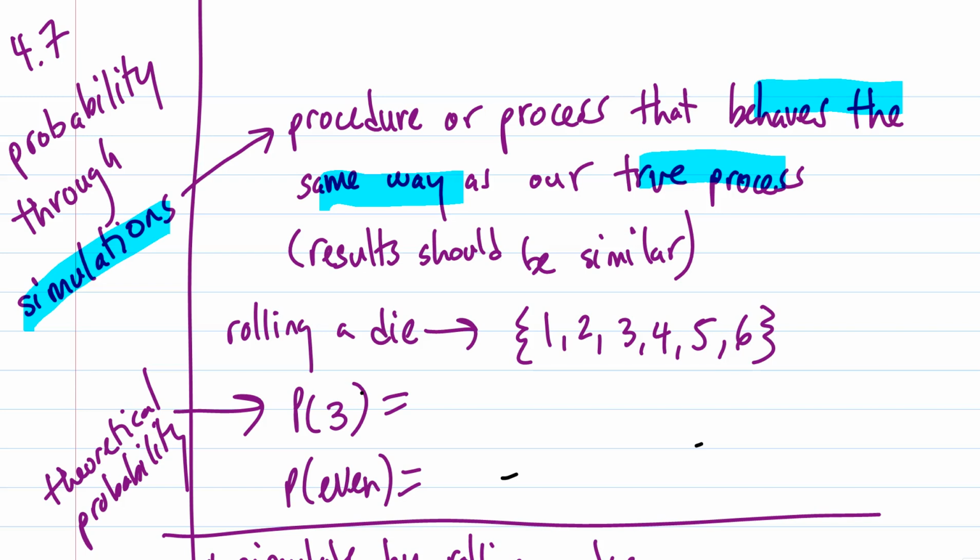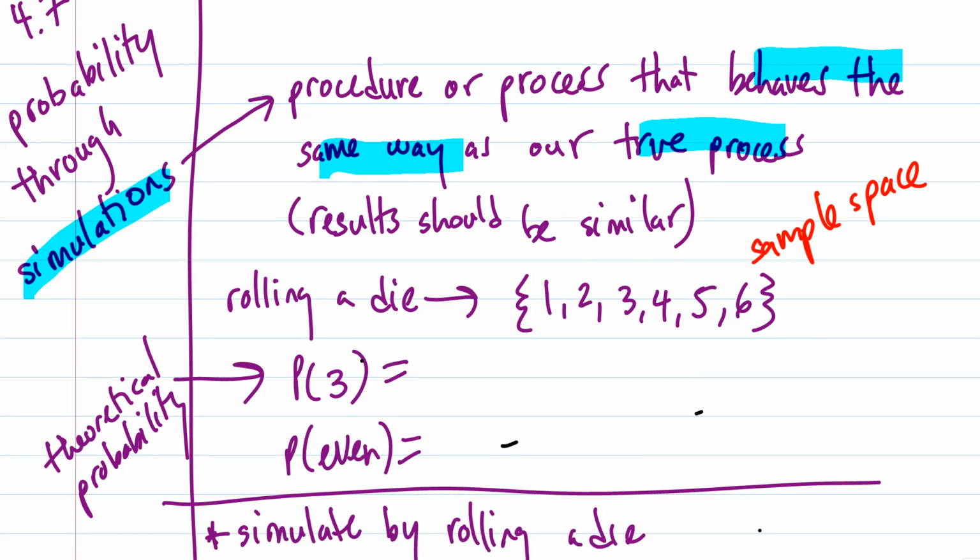So for instance, rolling a die. I know the events. I know that our sample space has the numbers 1 through 6, right? So theoretically, the probability of getting a 3, there's 1 out of 6 in the sample space, would be 1/6, or 0.16, which rounds off to 0.17.